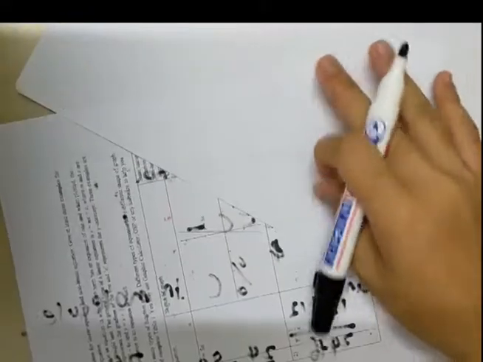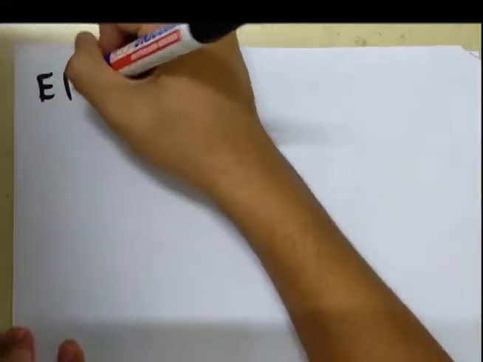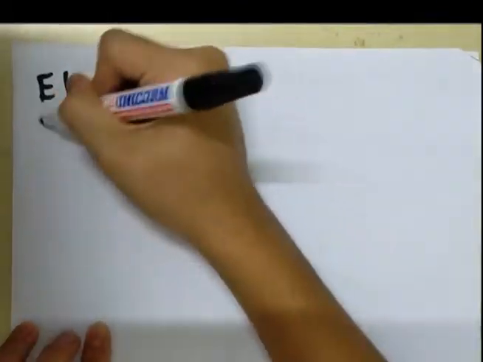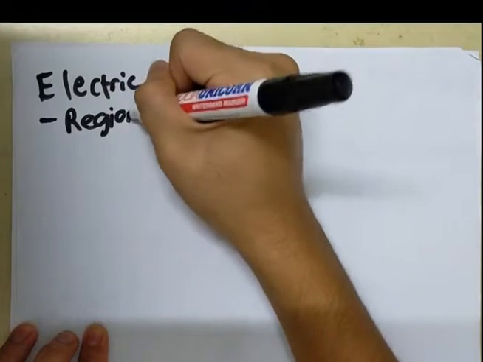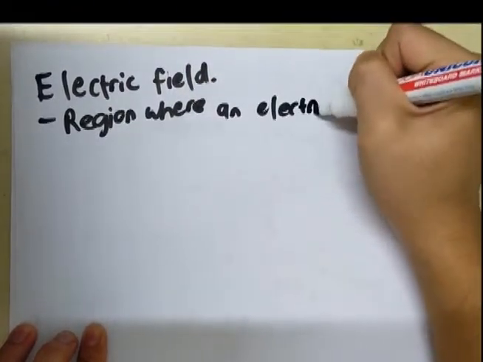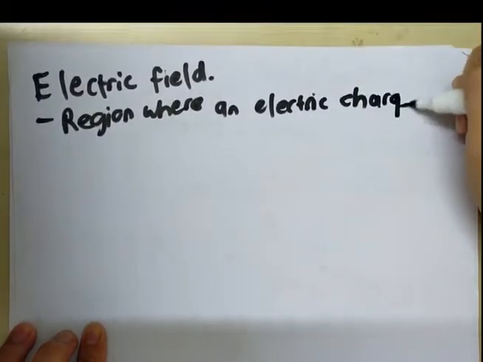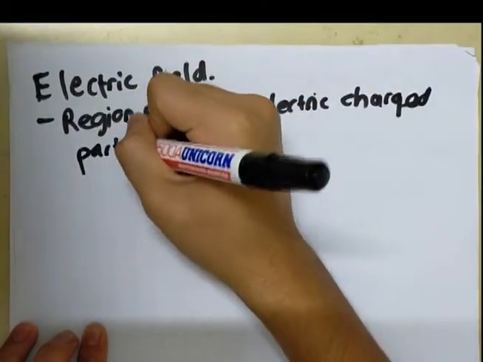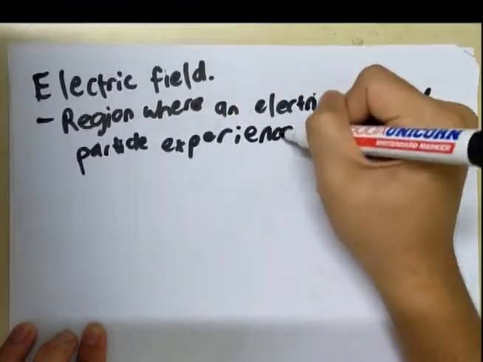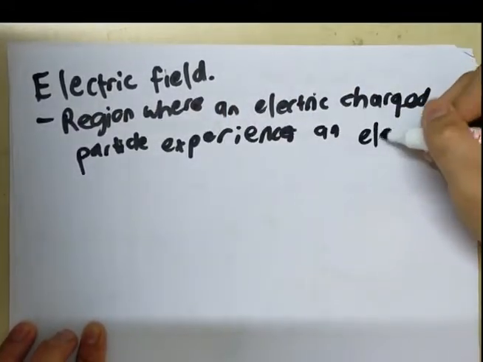Okay, so the next thing you have to know is what an electric field is. An electric field is defined as a region where an electric charged particle experiences an electric force.